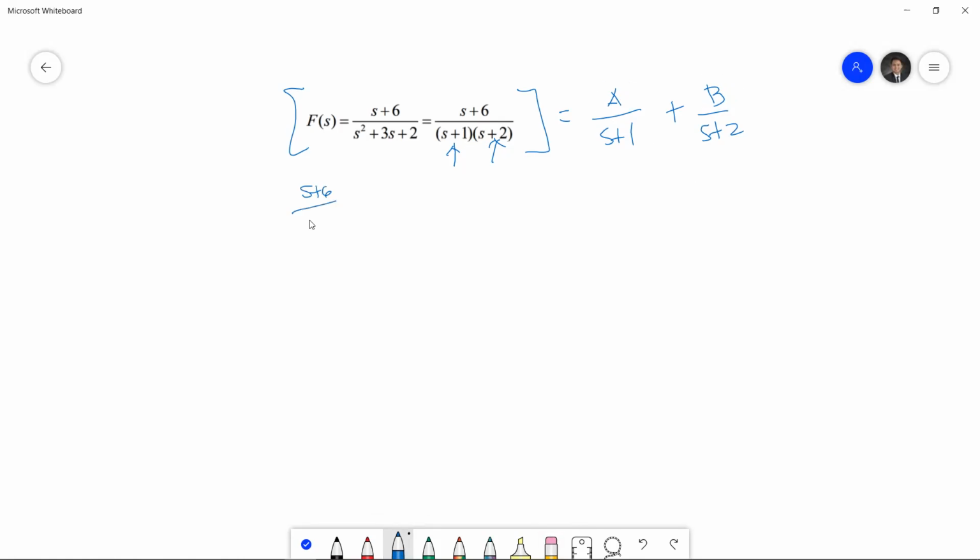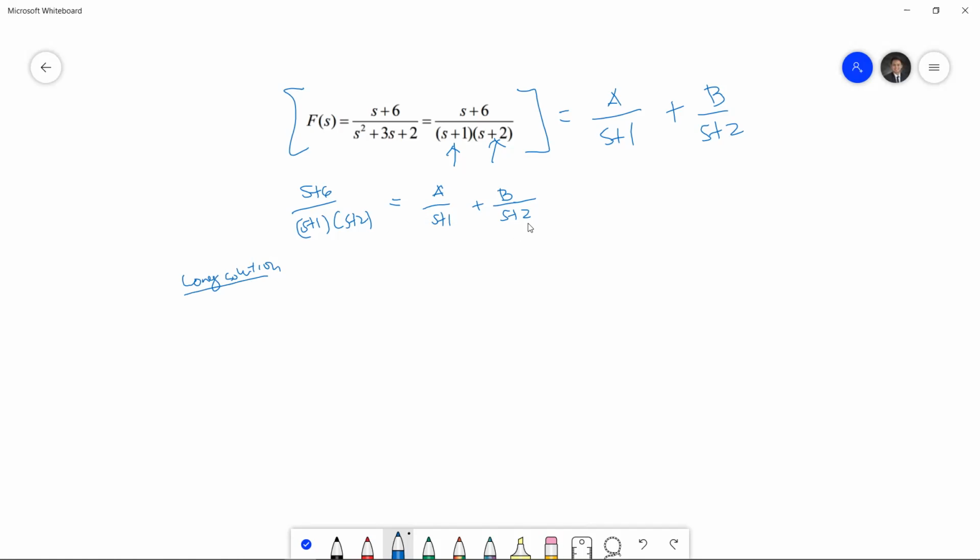S plus 6 over S plus 1, S plus 2 is equals to A over S plus 1 plus B over S plus 2. In long solution, ito yung formal solution eh.